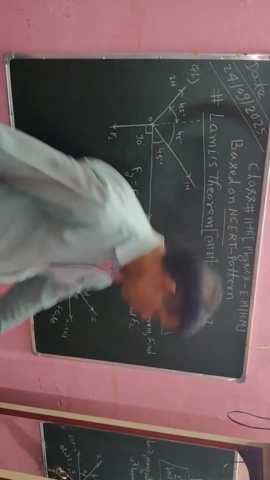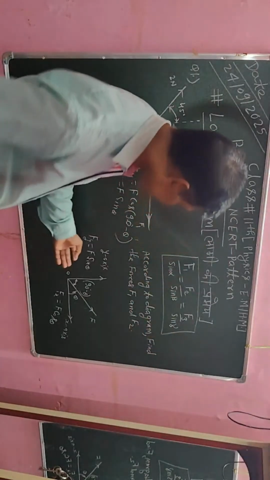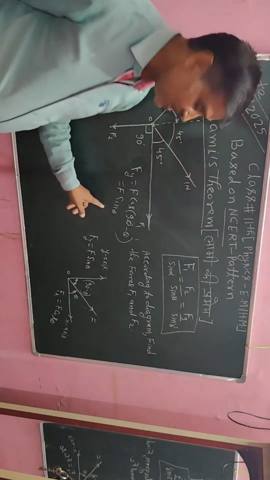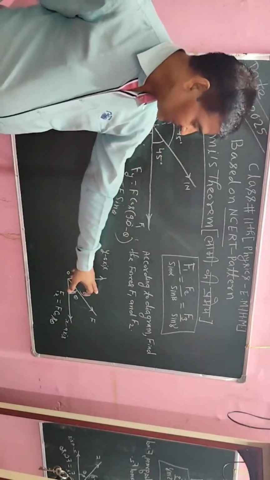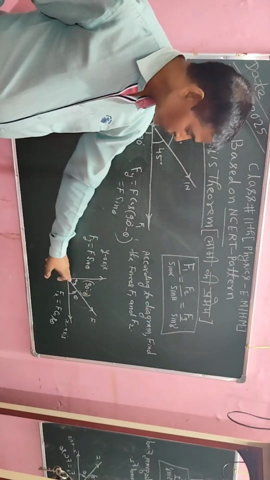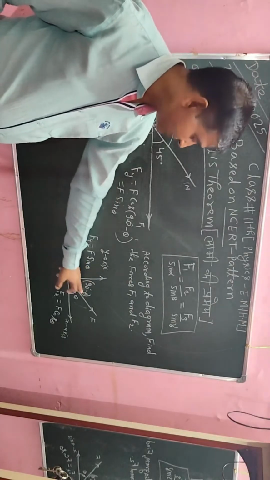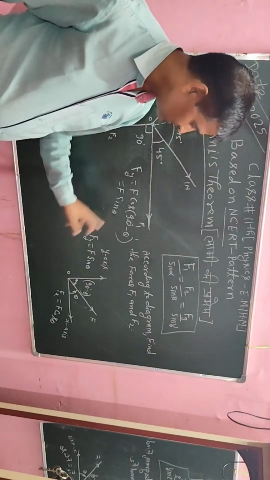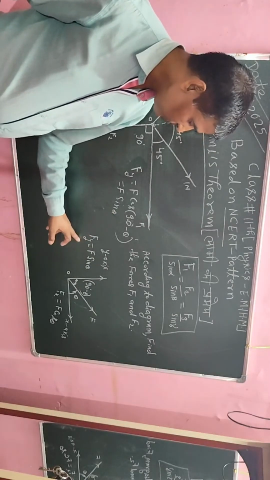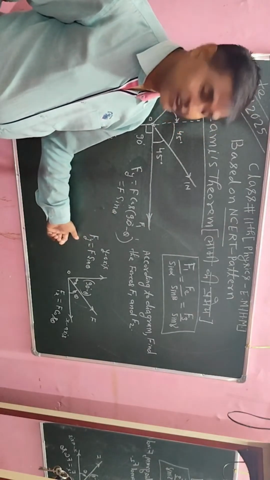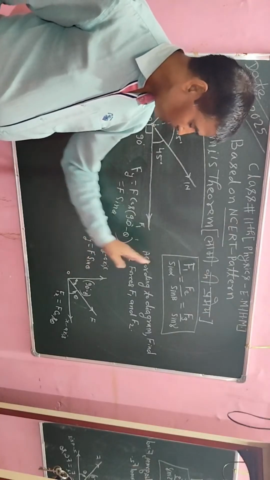Okay. So how I have written all this information positively, I have explained it to you. Because this angle is 90 minus theta, along this I will say F cos 90 minus theta, that will change in sin theta. Therefore I have written here Fy, which is the force along y axis.